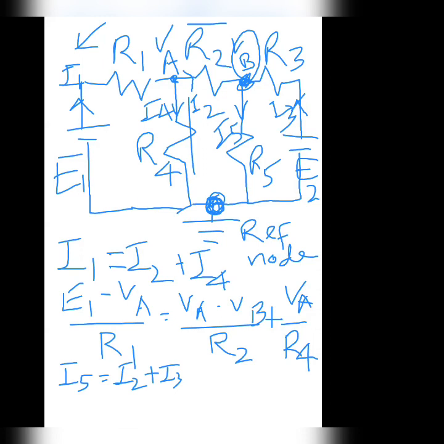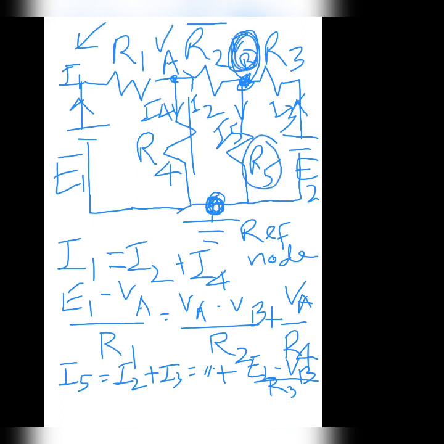So here the potential difference for I3 is E2 minus VB, and it is divided by the resistance, which is R3. Okay. This is I2 current, this is I3 current, and I5 I have just mentioned that it is VB upon R5.